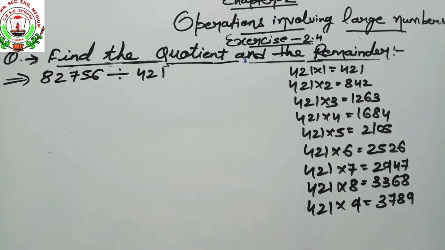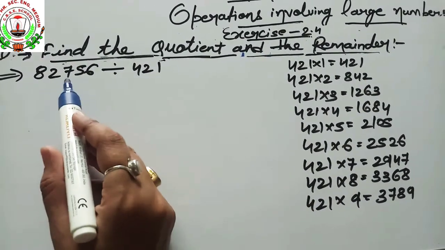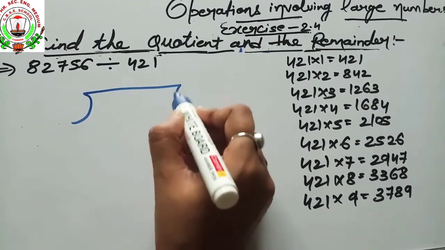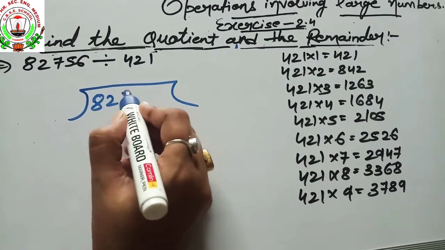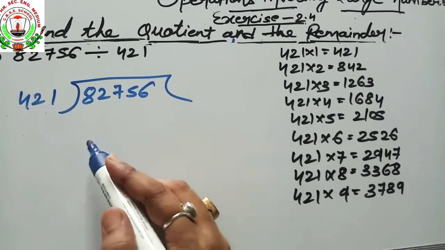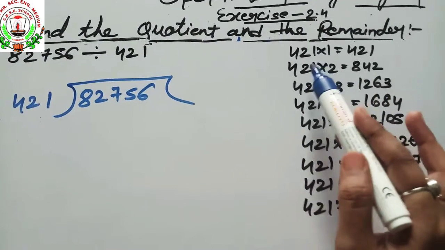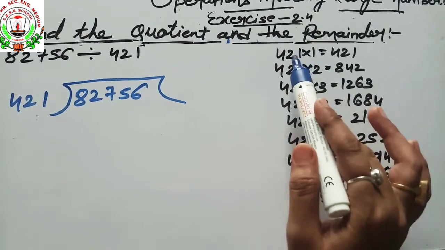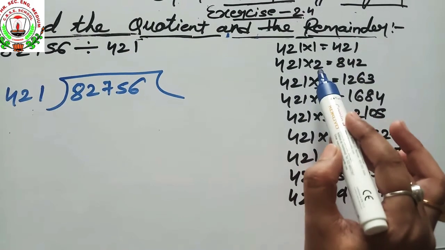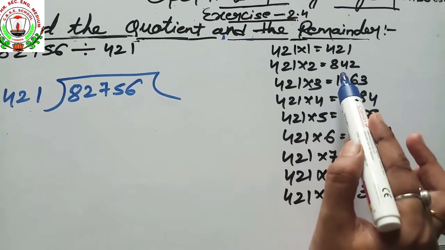Now the next question is 82756 divided by 421. 82756 is the dividend and 421 is the divisor. Here I have written the table of 421. 421 multiplied by 1 is 421. 421 multiplied by 2 is 842.